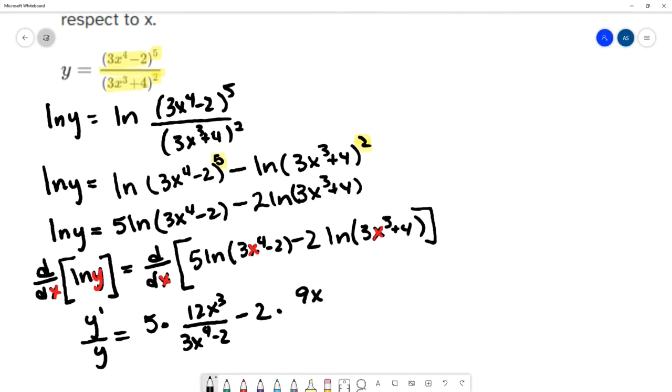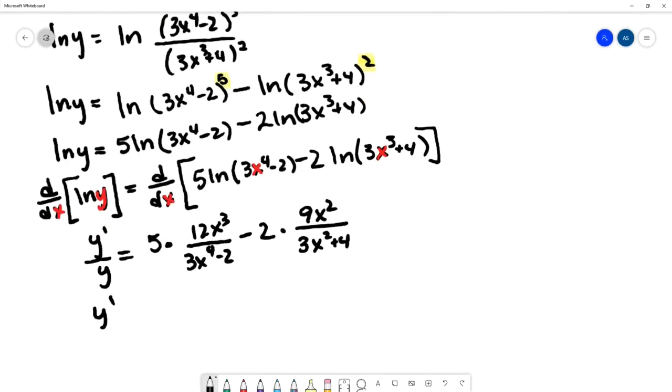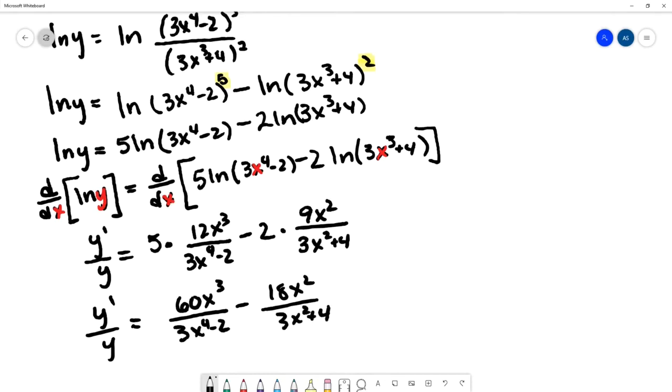That would be 9x squared over 3x cubed plus 4. And this gives y prime over y equals 60x cubed over (3x to the fourth minus 2) minus 18x squared over (3x cubed plus 4).